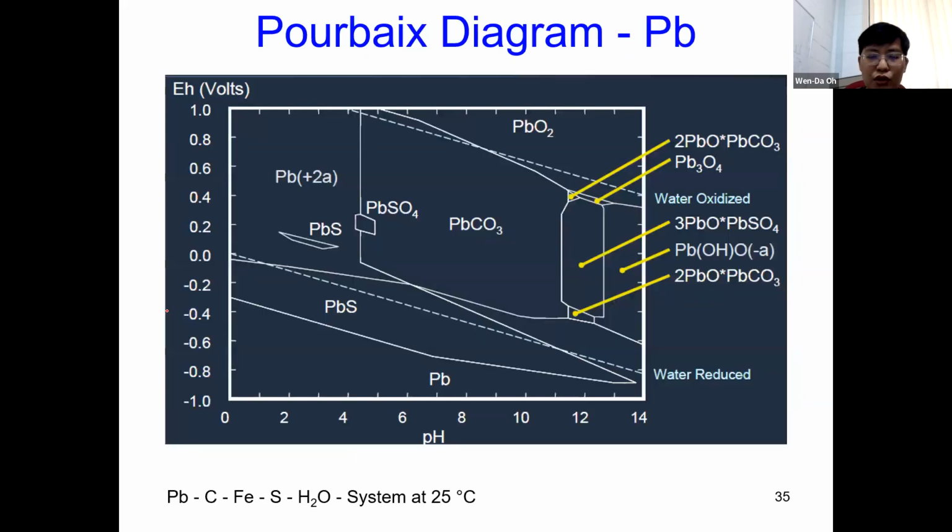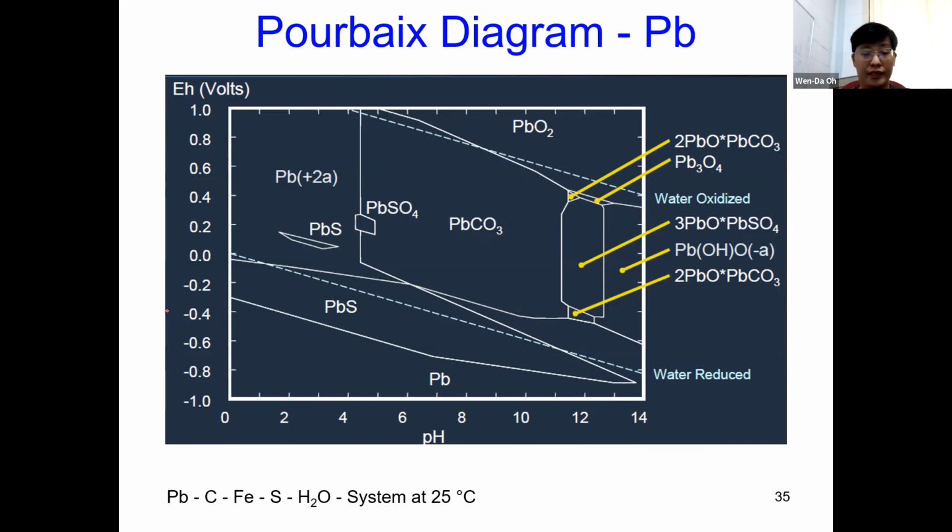Just to show you an example, this is a Pourbaix diagram for lead. It looks very complicated, with a lot of different species in the environment.